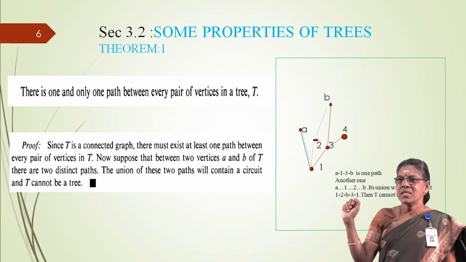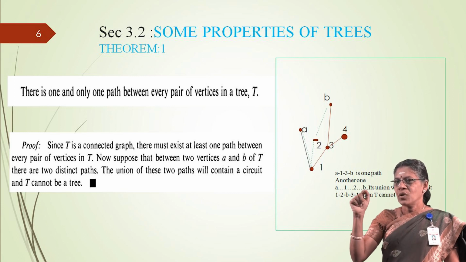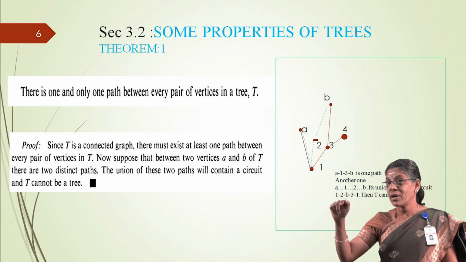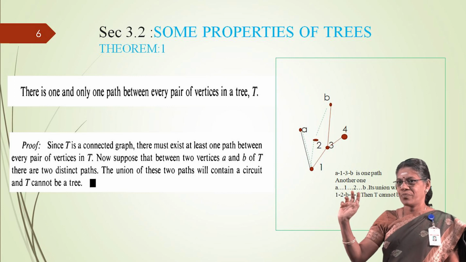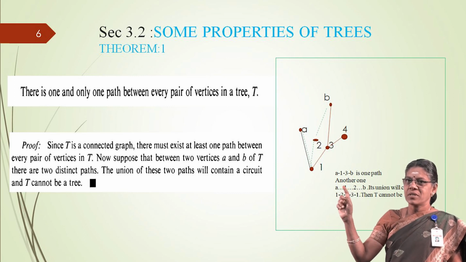If two paths exist, we have a circuit. What is that circuit? 1, 2, B, 3, 1. It will become a circuit. So, it cannot be possible. So there is only one path between every pair of vertices.